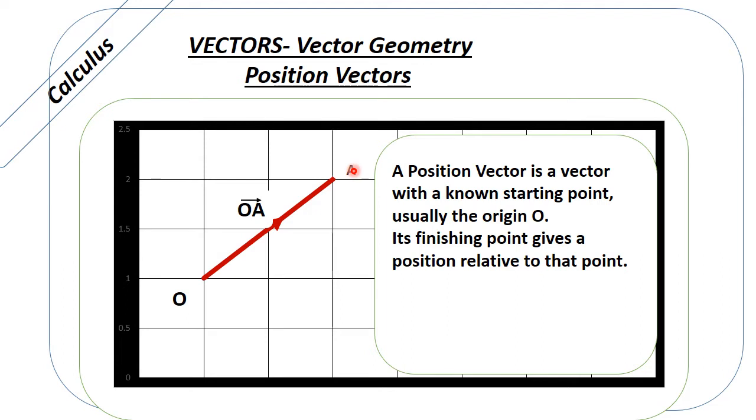Okay, this point wasn't supposed to be emphasized because it's not that important. What is important is that a position vector shows you where a vector starts to where a vector ends. If they say OA, it means it starts from O and ends at A. And we usually use O as the starting point. So for example, this one is vector OA, (2, 2).